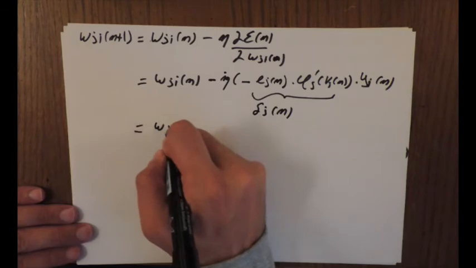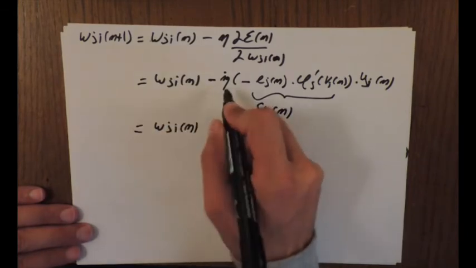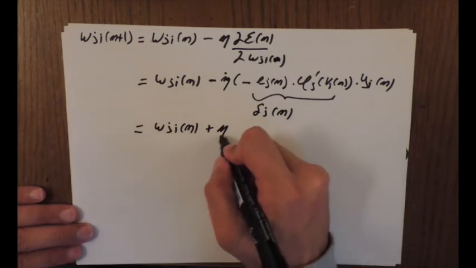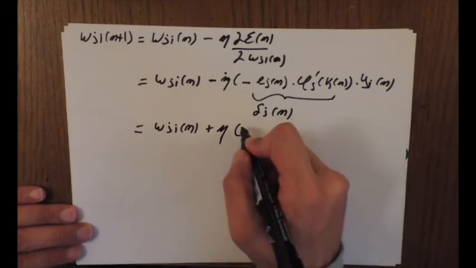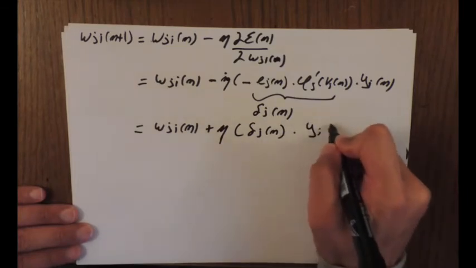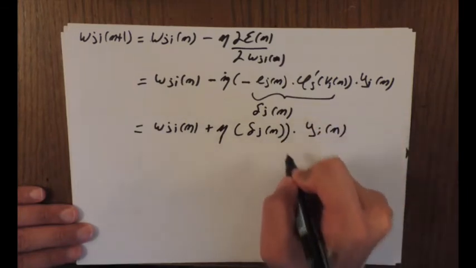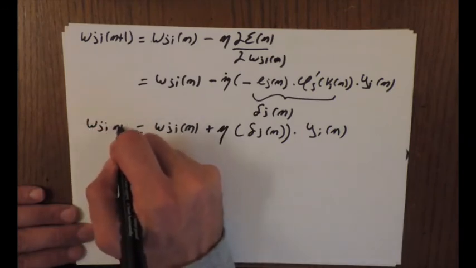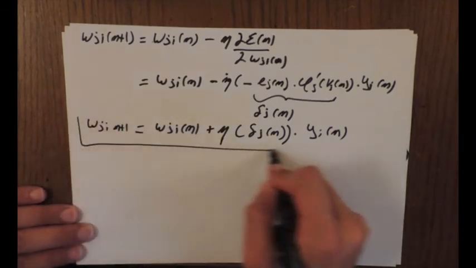So this will be Wji(n) plus, as the minus goes away, the learning parameter times delta j(n) times yi(n). So this is the weight update equation.